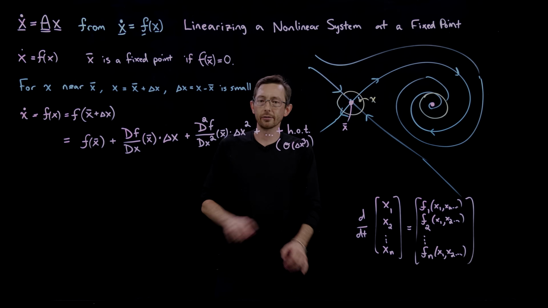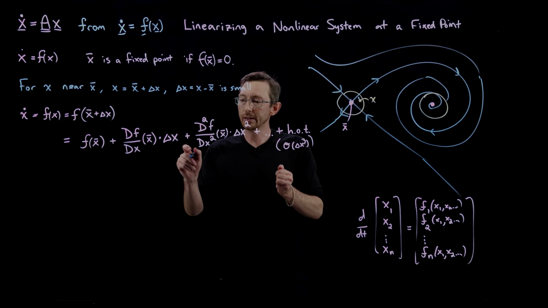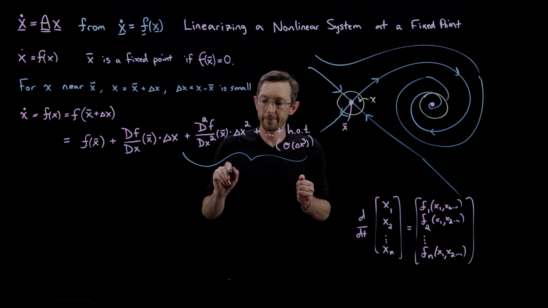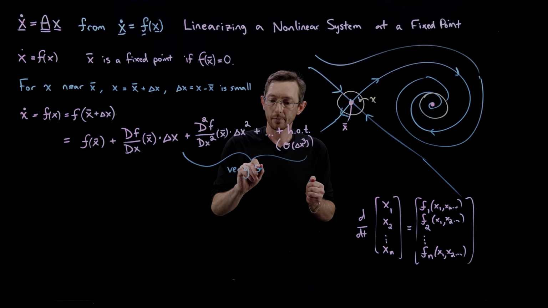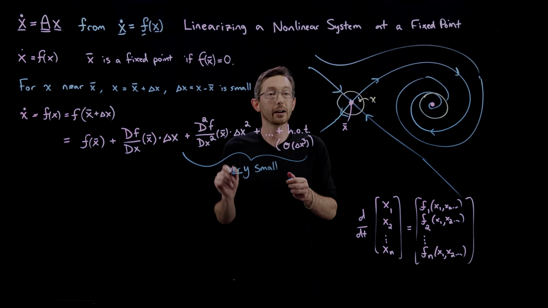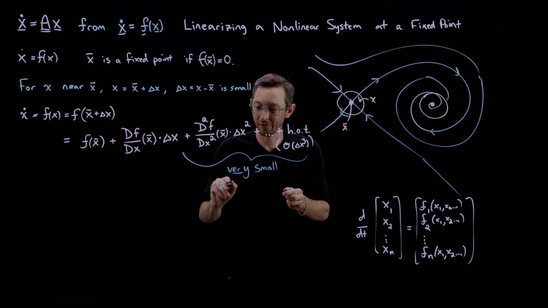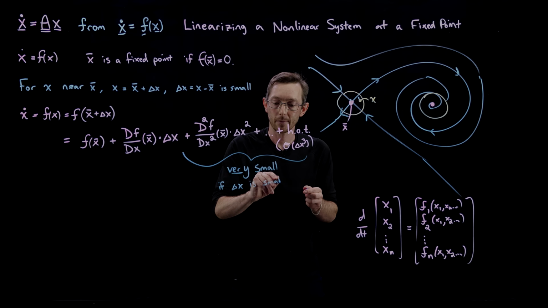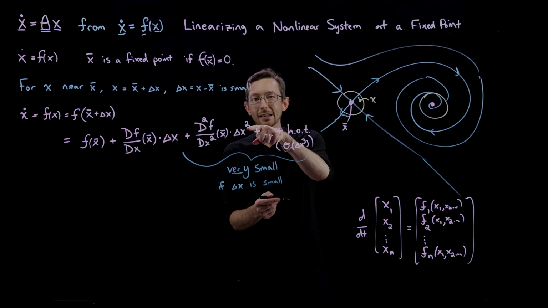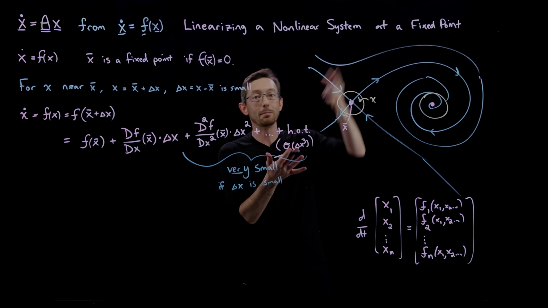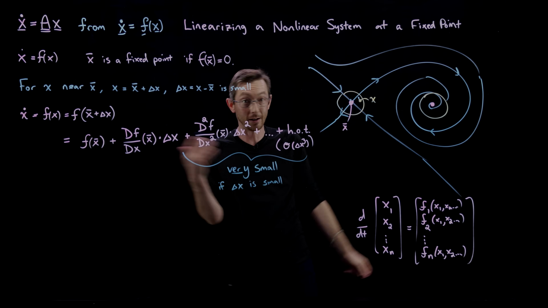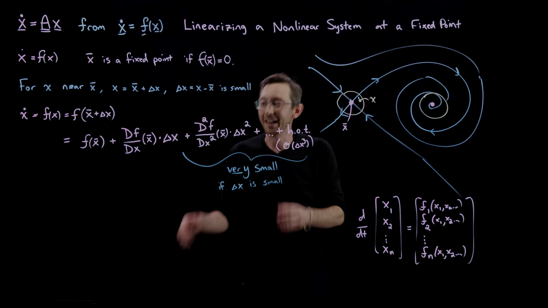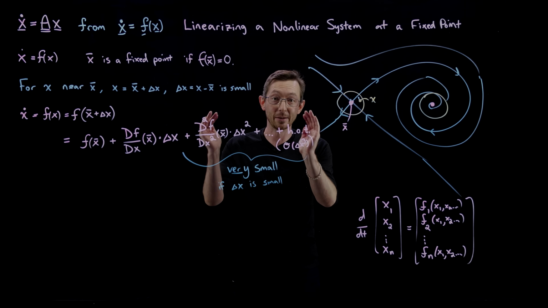The key observation here is that all of these higher terms are very, very small if delta x is small. If delta x is small, then delta x squared is tiny, delta x cubed is minuscule, and all of these terms are approximately 0.